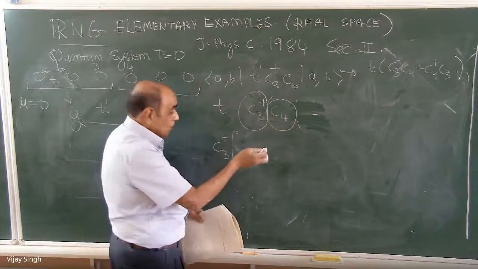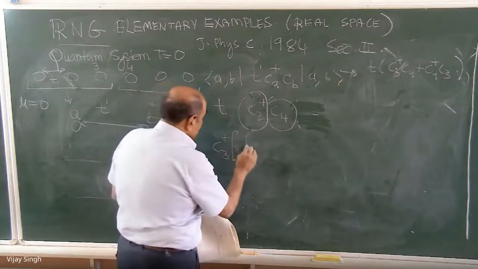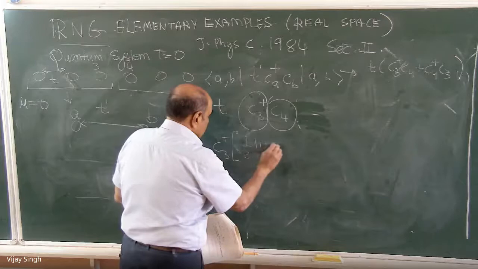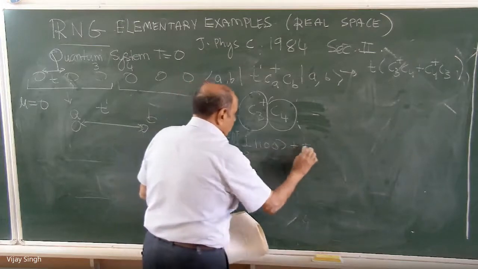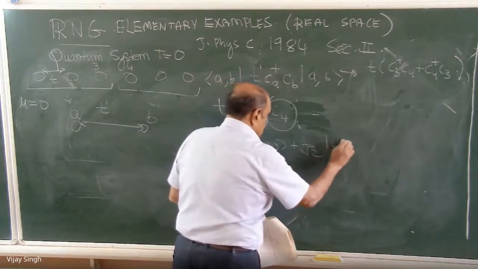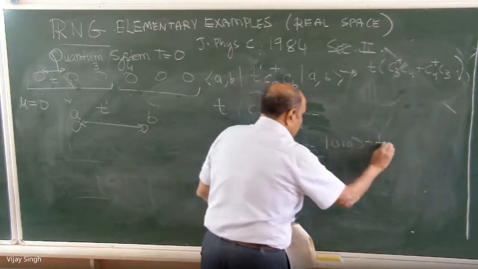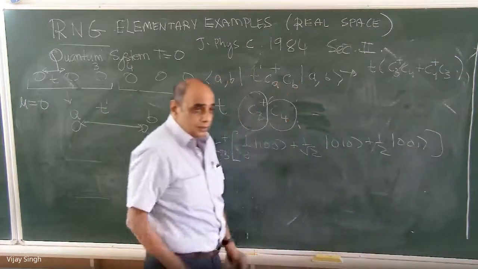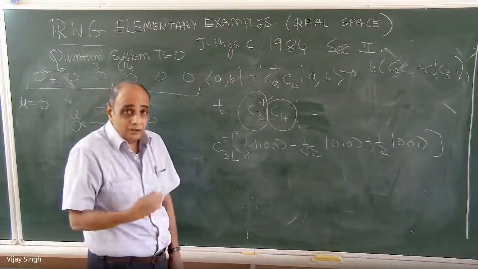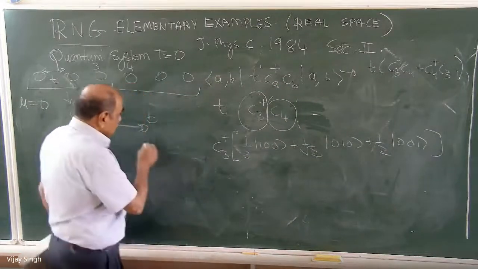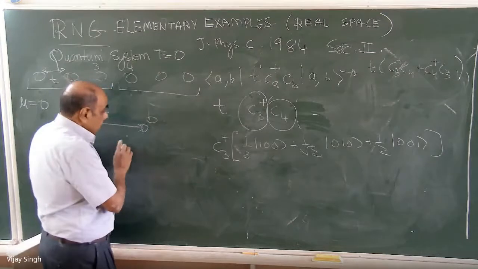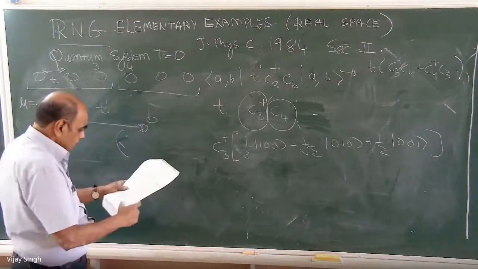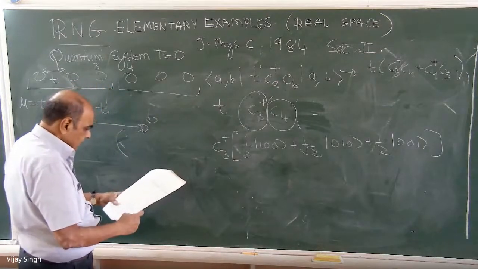What would be the single occupancy state? Ground state. It would be R 1 0 0 plus 1 by root 2 0 1 0 R 0 0 1. What will it create? It will create a two occupancy state. So on this side, what you take is a double occupancy state. What is a double occupancy state that you have?